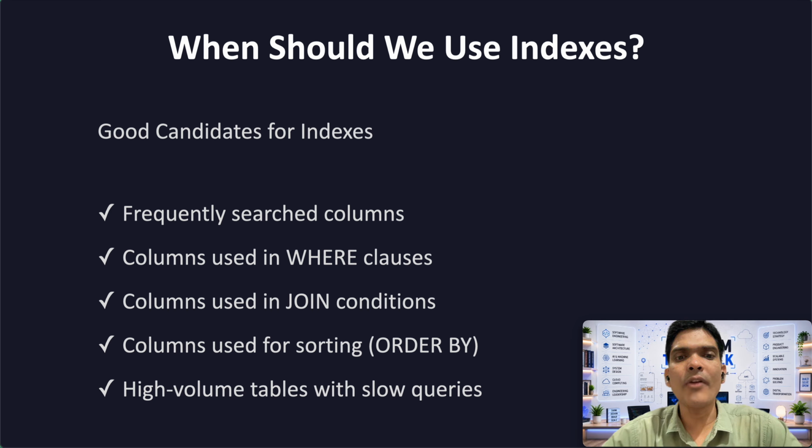And depending on the database and query patterns, columns used for sorting or grouping, like ORDER BY or GROUP BY, can benefit from indexes as well. But we should always look at the actual queries and database execution plans instead of blindly creating indexes.